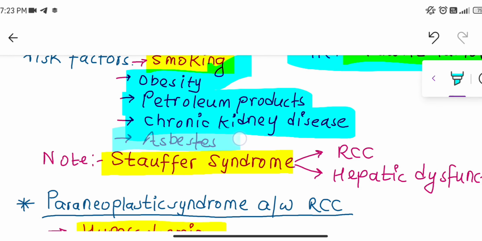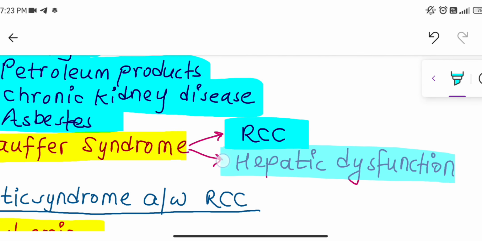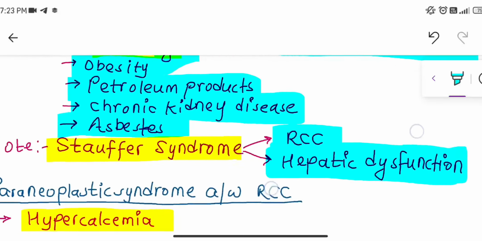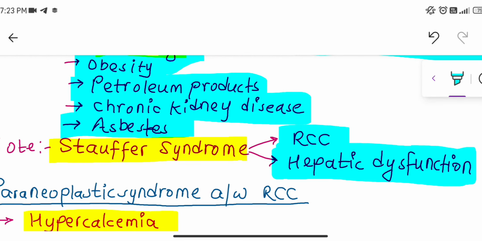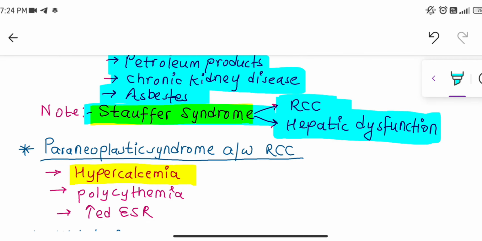Next factor is asbestos. Now there is Stauffer syndrome, which consists of renal cell carcinoma and hepatic dysfunction, meaning a disease in which both the liver and kidney are affected.